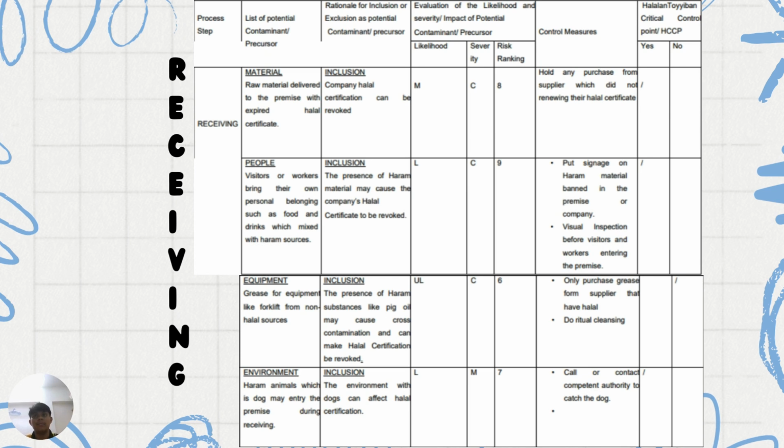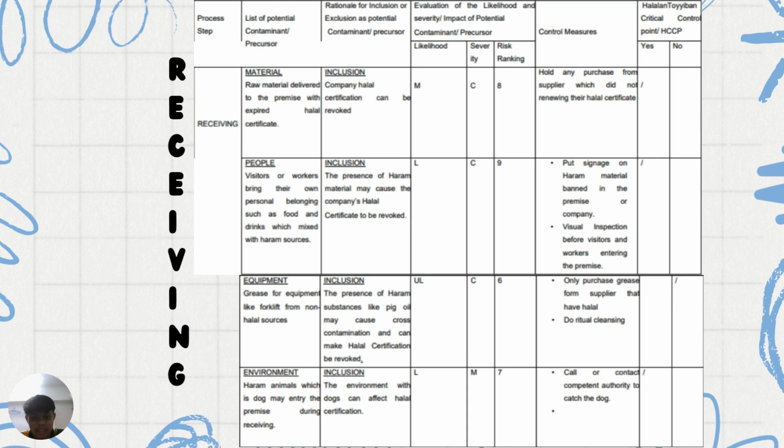Because if the dogs get into the factory, there is a chance that the dogs did not touch any of our raw material. So the risk ranking is 7.